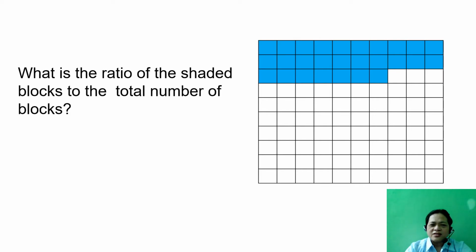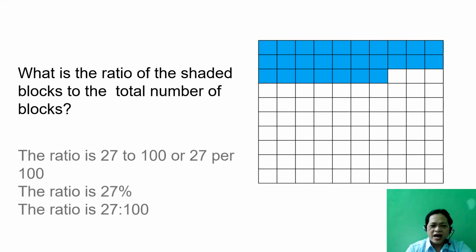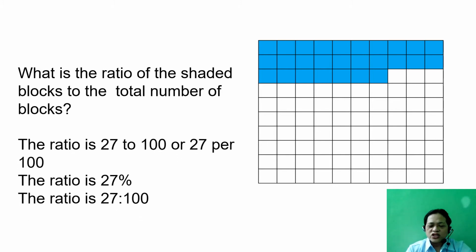So what is the ratio of the shaded blocks to the total number of blocks? You can write it as 27 to 100 or 27 per 100. The ratio is 27%, and using a colon, 27 is to 100. Is it clear?